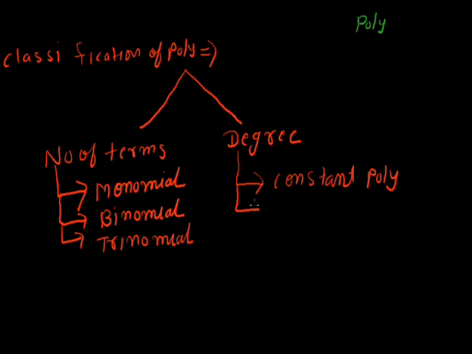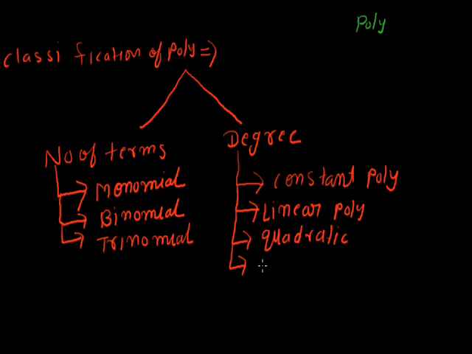The second one is linear polynomial, and after it we come to quadratic polynomial. Then our next classification is cubic polynomial. And the last one is biquadratic.